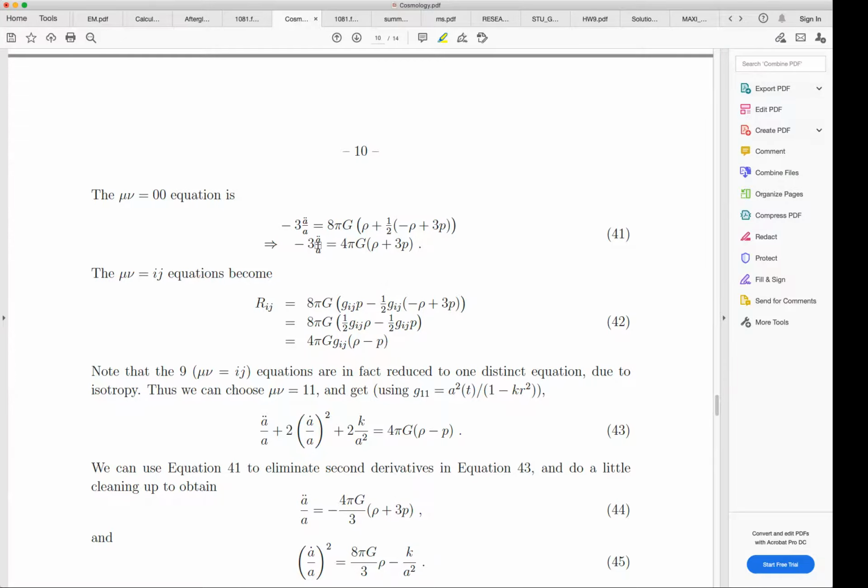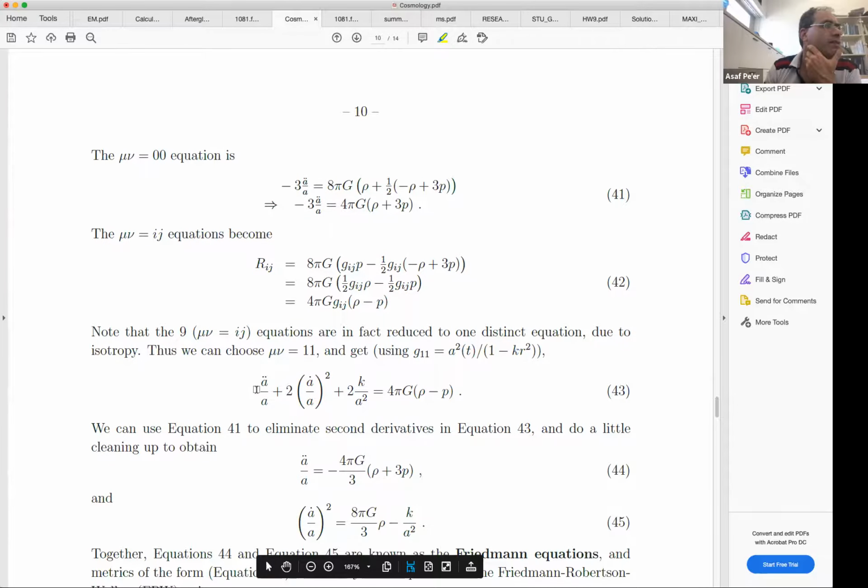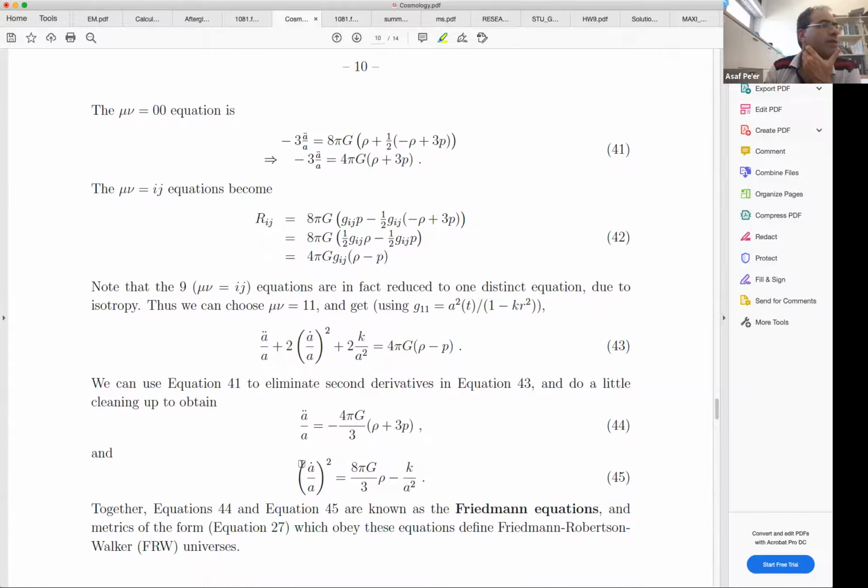Yeah, just divided by -3. Okay, this is just divided by -3, so we ended up with A dot dot over A is equal to minus 4 pi G over 3 rho plus 3p. So this equation is just the same as equation 41. And then I plug that back in here, and I ended up with A dot over A squared is equal to 8 pi G over 3 rho minus K over A squared.